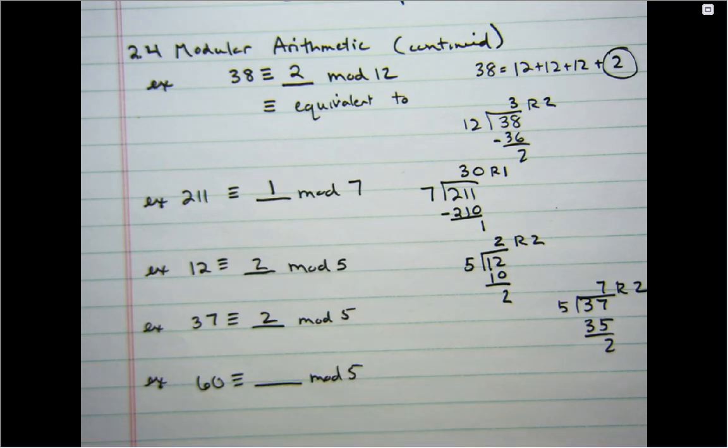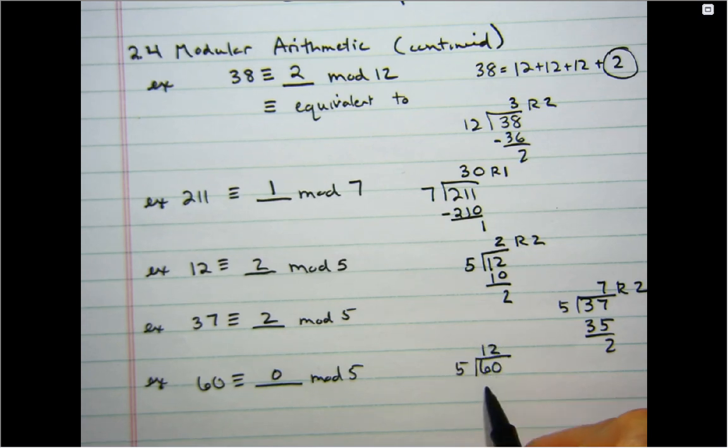Here's one. What is 60 equivalent to mod 5? Yeah, 0, because 60 divides evenly by 5. When you go to take out the multiples of 5, there's no remainder.